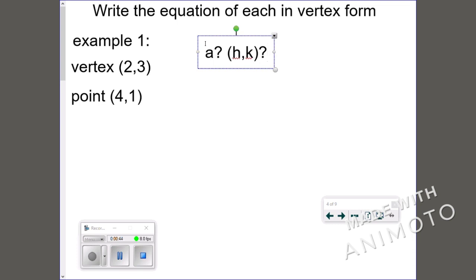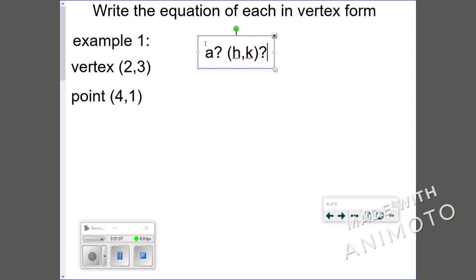So basically, what do you need to write a quadratic equation in vertex form? You need an a, and we need an h, k value. And we're given all the information we need here to figure those out. So the nice thing is, we're given the vertex, so we're given the h, k. So we know h is 2 and k is 3.